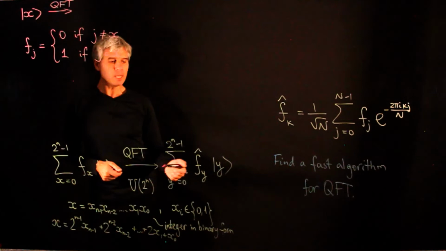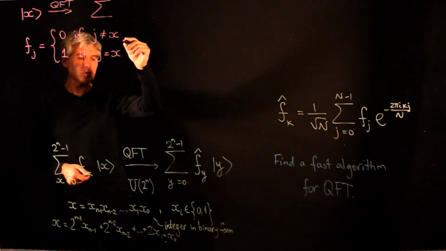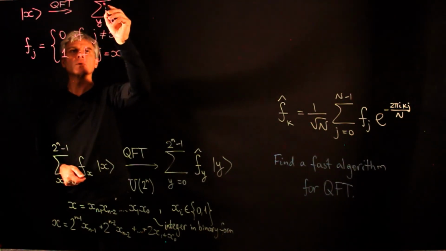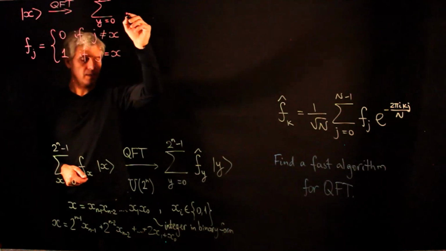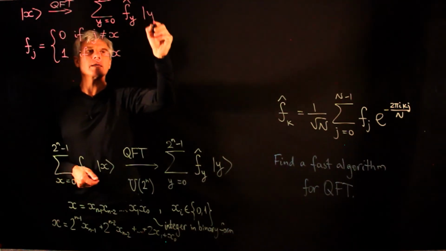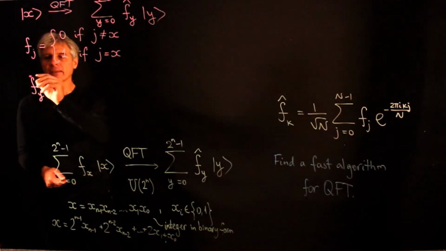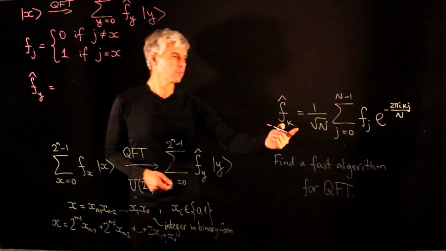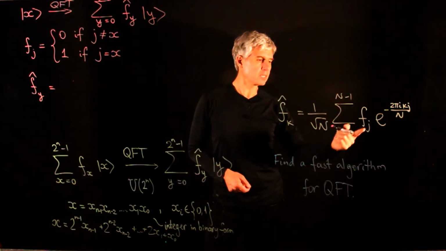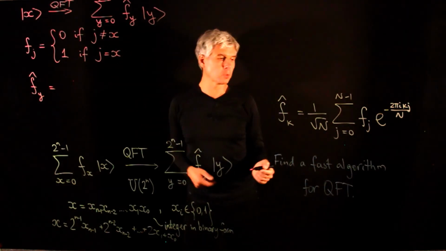And so this is being transformed into the sum over y from 0 to 2^n minus 1 of f_y hat times y. And what's the value of f_y hat in this case? Well, we're going to use this formula, but keep in mind that this sum will contribute only one term, when j is equal to x.